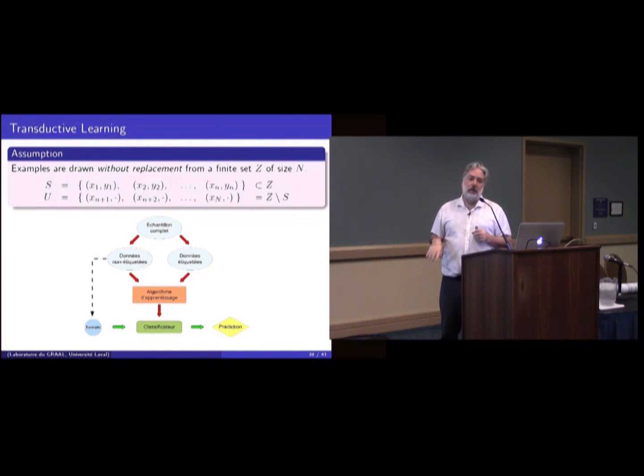S plus U. And so you take at random some part of your data, let's say S. You ask a human person to make the label out of those examples, and you want to infer the unlabeled part that hasn't been seen by your human being, to be labeled by your algorithm, right?